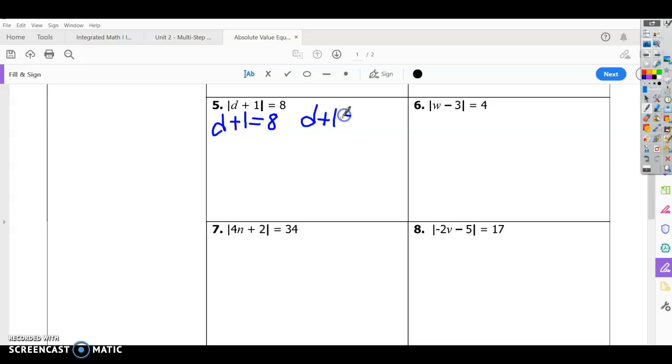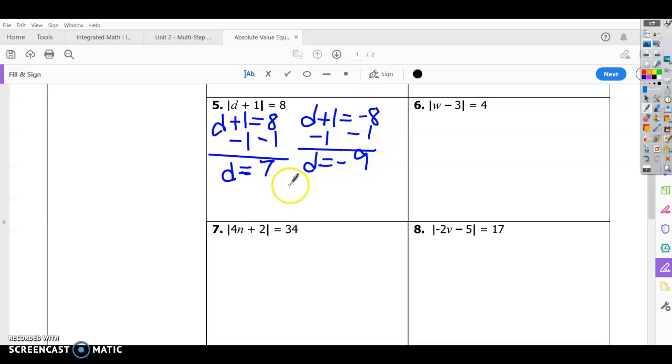D plus 1 equals negative 8. Subtract 1. D equals 8 minus 1 is 7. And here's where the numbers switch up a little. Negative 8 minus 1. So I spent 8. I spent 1 more. I've spent $9. Negative 9. All right, so my solution set, negative 9 and positive 7.